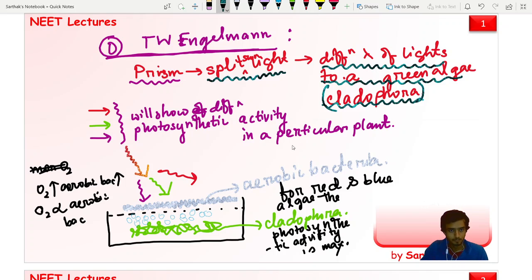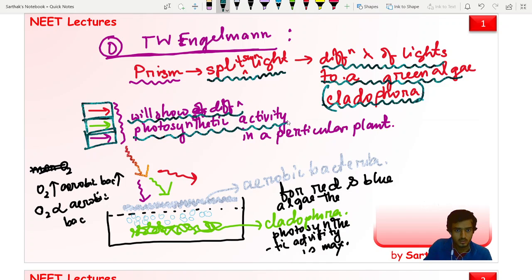So suppose he has split the light into red color or green color or violet color. He has seen that the plant will show different photosynthetic activity.